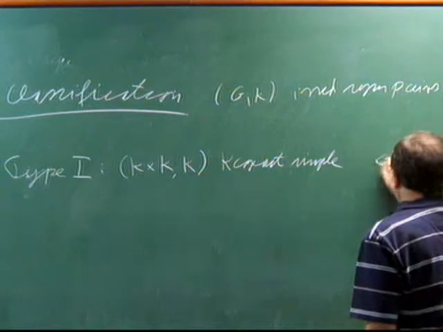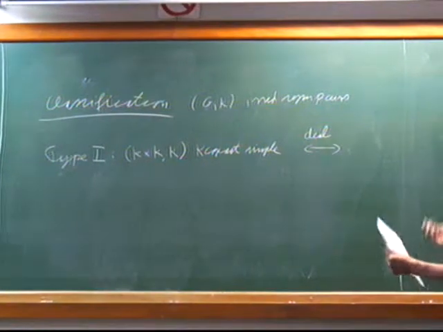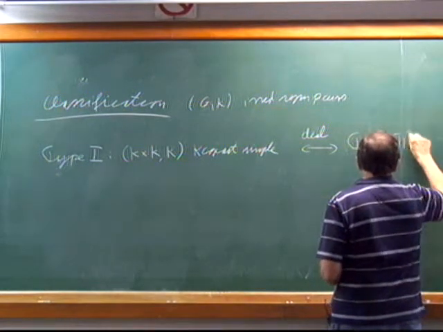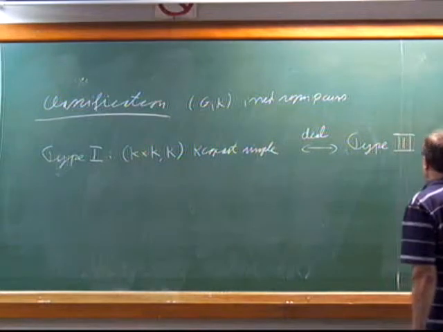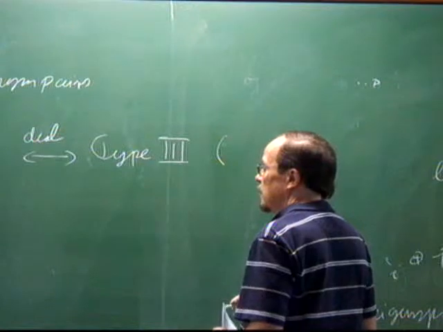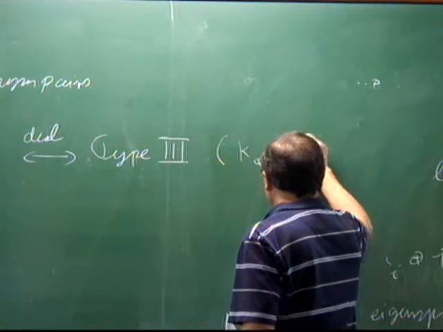So these are always paired up by duality. And the dual is called type 3 for some historical reason. And the dual is of the type (K^C, K).